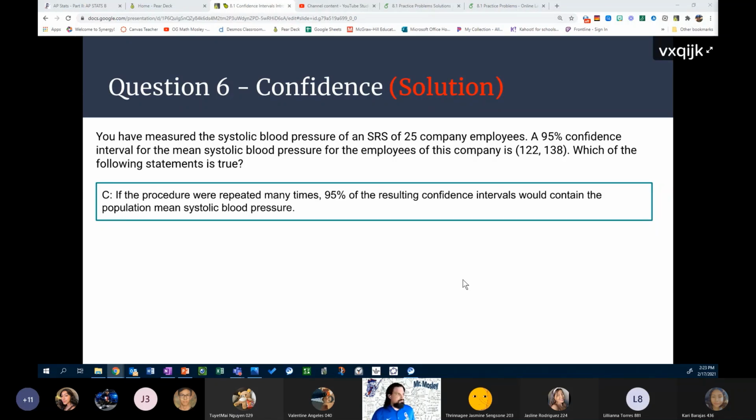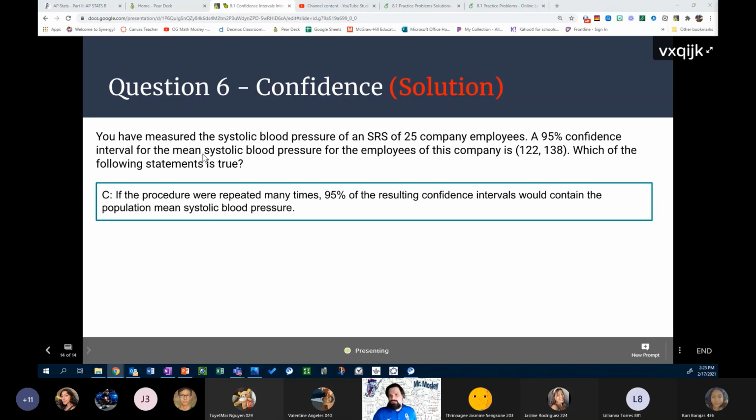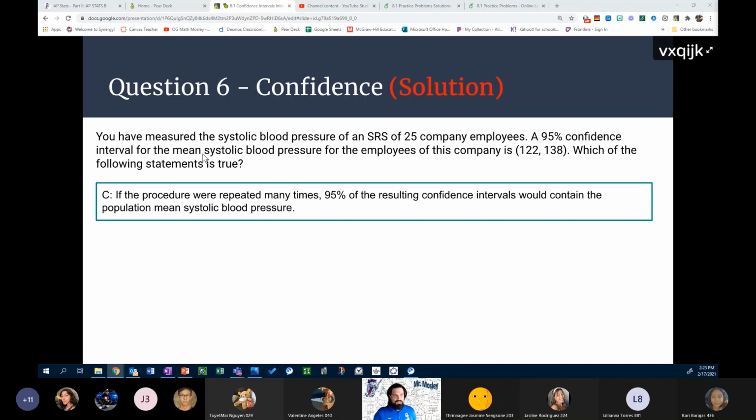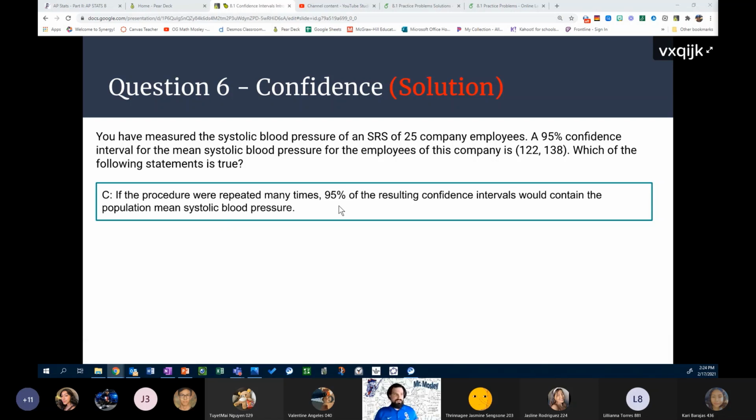We need to take cues from the context here. The confidence interval is for the mean. So anything talking about proportion is not going to be the correct answer, because we're talking about means and not proportions. So you can rule those out. You then need to look at this, the only one that fits one of the two concepts that we've talked about with interval and confidence level.